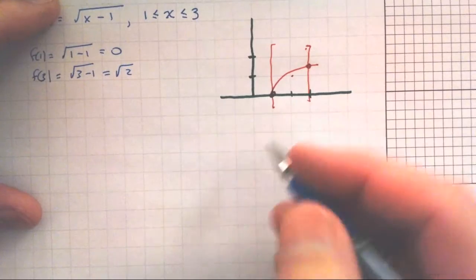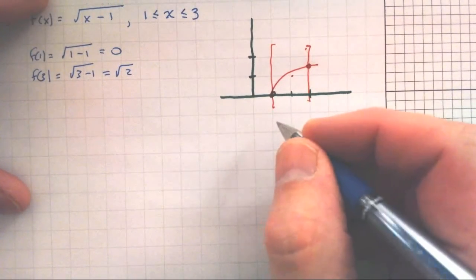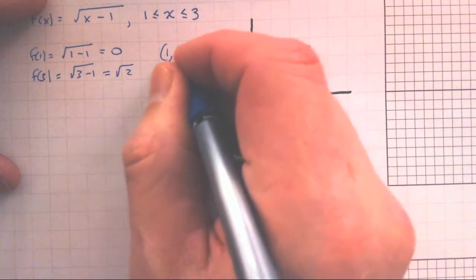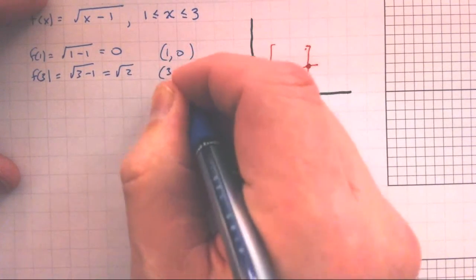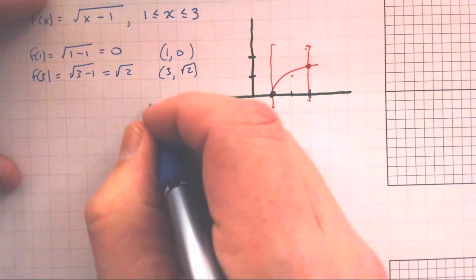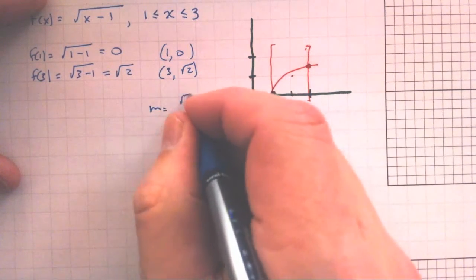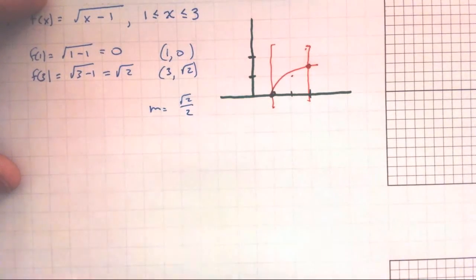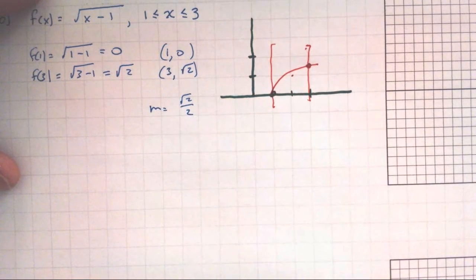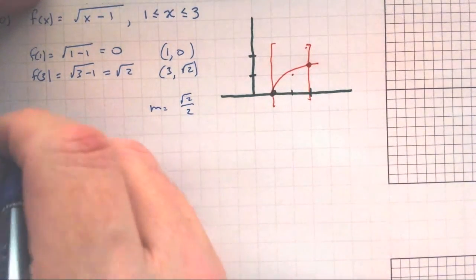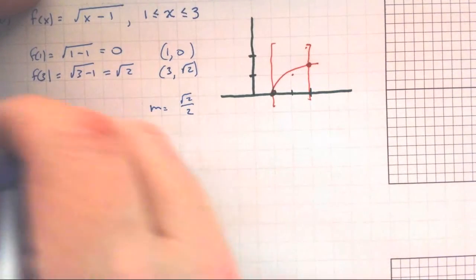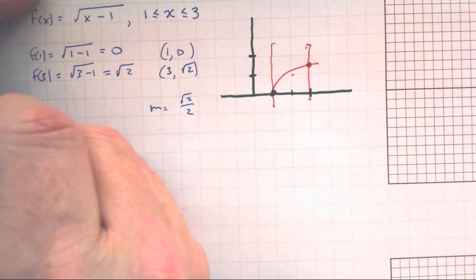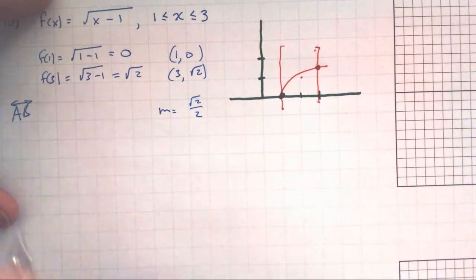So our secant line goes through the points (1, 0) and (3, root 2). Therefore, it has a slope of root 2 minus 0 over 3 minus 1, which is root 2 on 2. Therefore, here's my equation of line AB, our secant line.